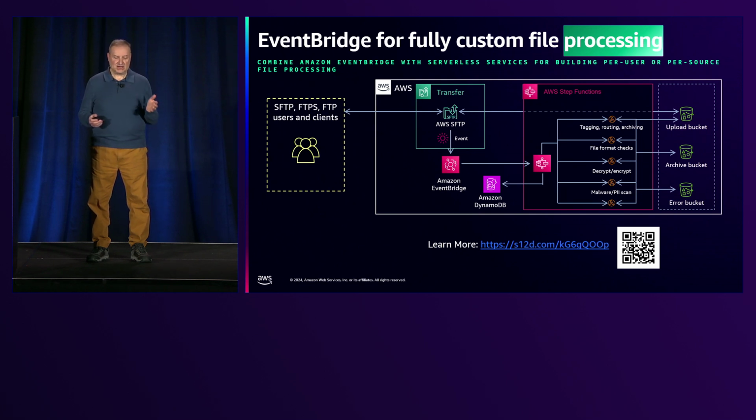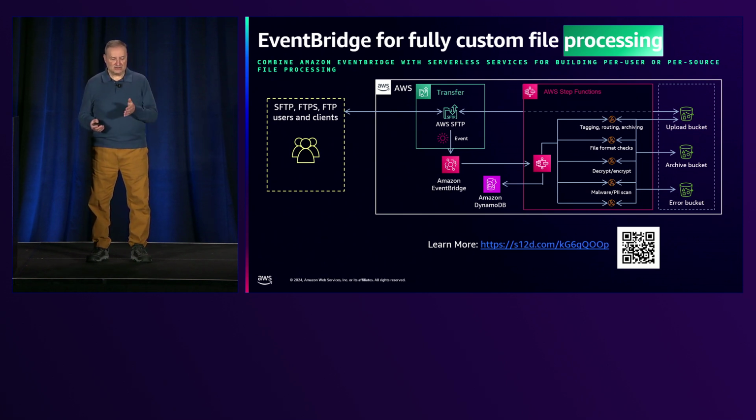You can tag a file, you can route it to a different bucket, you can archive the file, you can check the format of the file to make sure what you're receiving is what you expect. You can encrypt the file at rest, or you can decrypt it if it was an encrypted file. You can do a malware scan, or you can scan it for PII to make sure that no such information is included in that document.